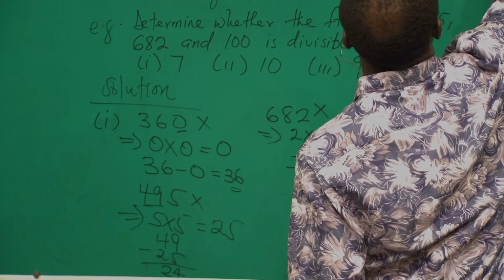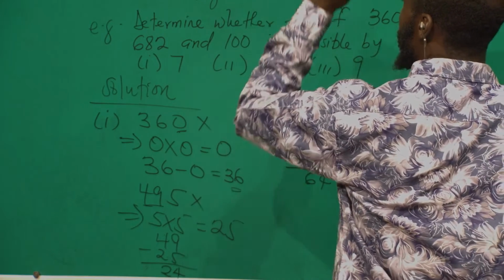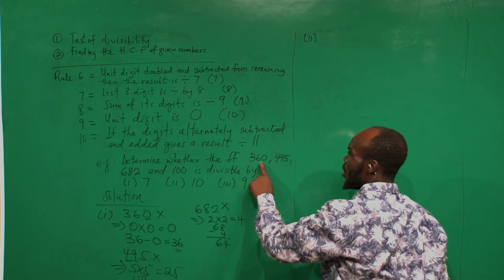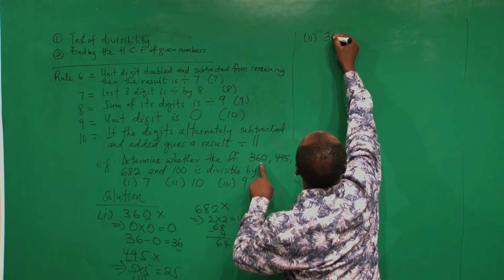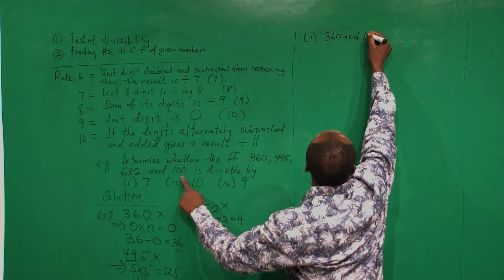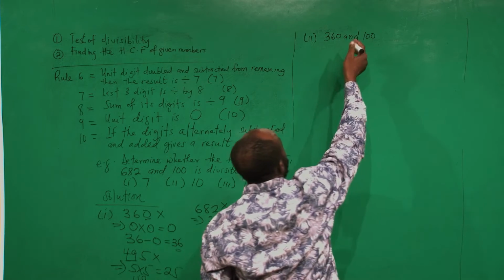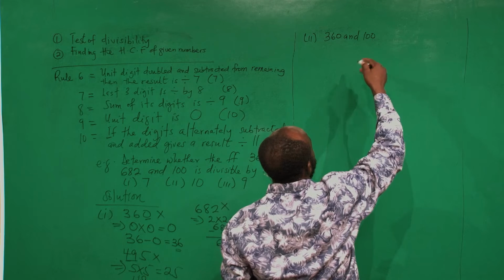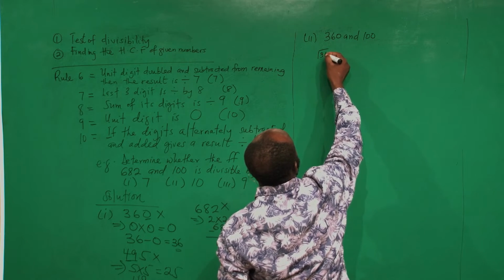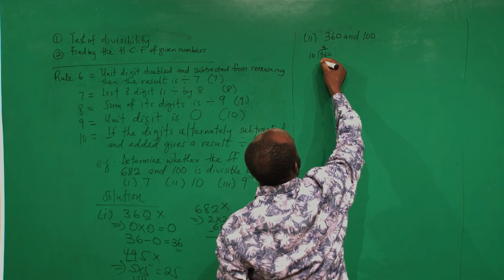Which is II, the 10. It says when the last digit is 0, then 10 can go. So let's check. What numbers have the last digit 0? 360 and 100. So with 360, we all know 10 goes into it; with long division, if you want to check, 10 into 36 is 3, 3 times 10 is 30.